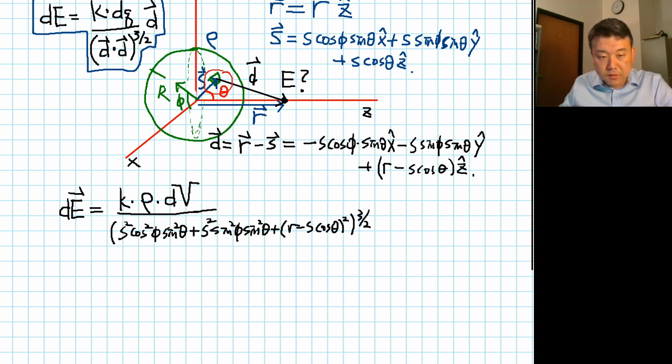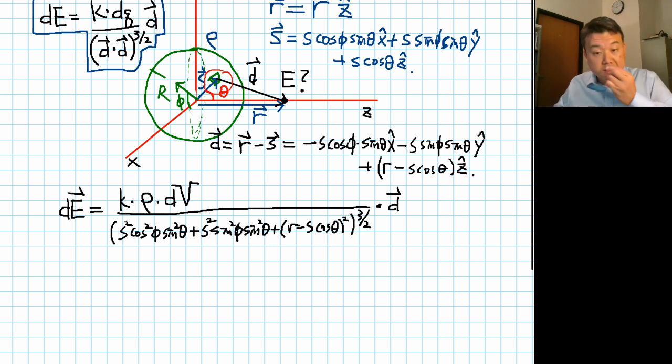It looks like I'm running low on space, so let me just write D as a vector here. If you stare at this for a while, you'll realize you can simplify some of this. I see cosine squared phi, and the rest are the same as here, except for the sine squared phi.